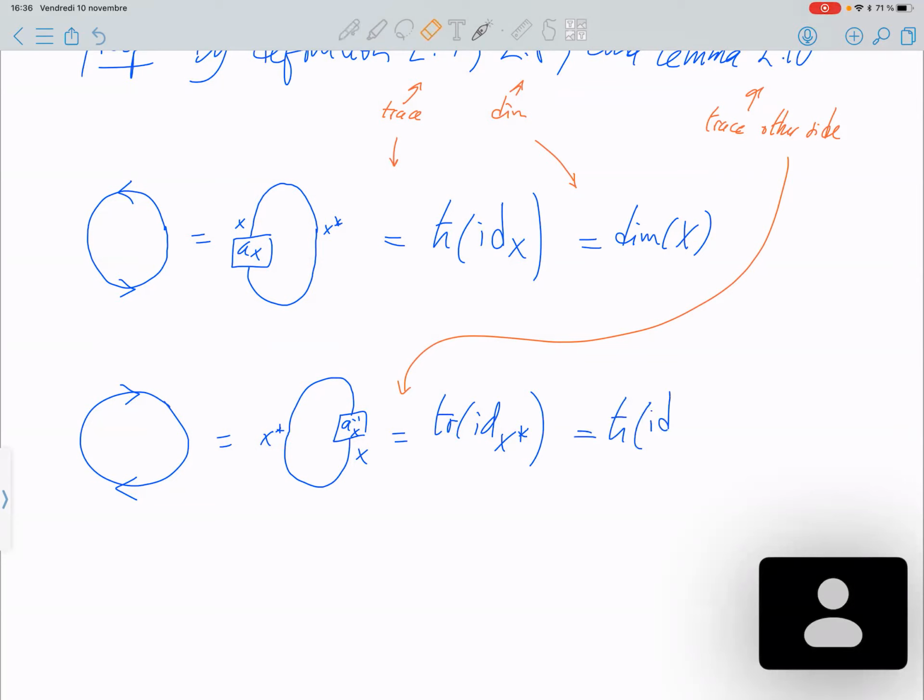So wait, here's the lemma, it said it's like that. And this is exactly like that by some other lemma I forgot. And this is the dimension of x star, which is what we wanted to prove. Yeah, so we prove something like that. The trace of identity, you can move the dual here. We prove that. It's okay.